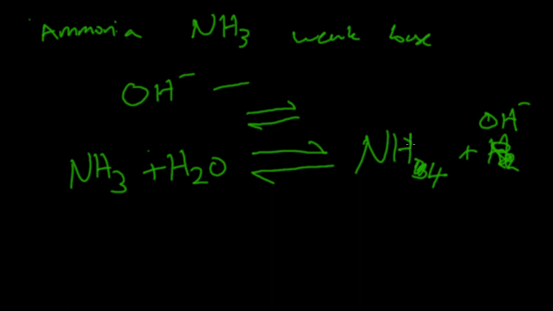So that's a pretty standard weak base formula. In fact, it's well placed to know it, because you may well be asked to describe a weak base reaction, and this is the classic one. So ammonia, NH3 plus H2O goes to NH4 plus OH minus.